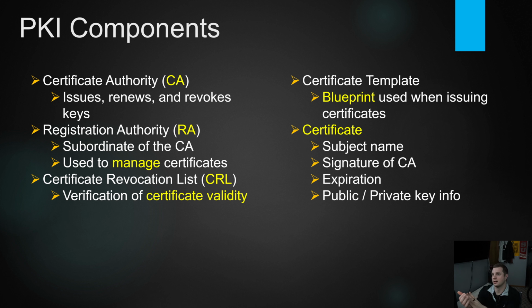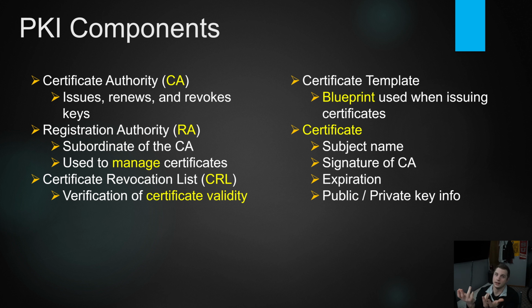The next component is your registered authority, a subordinate of the CA, used to manage your certificates. CRL verifies your certificate validity. Your template is exactly what it sounds like. This is useful for things like encrypting email.